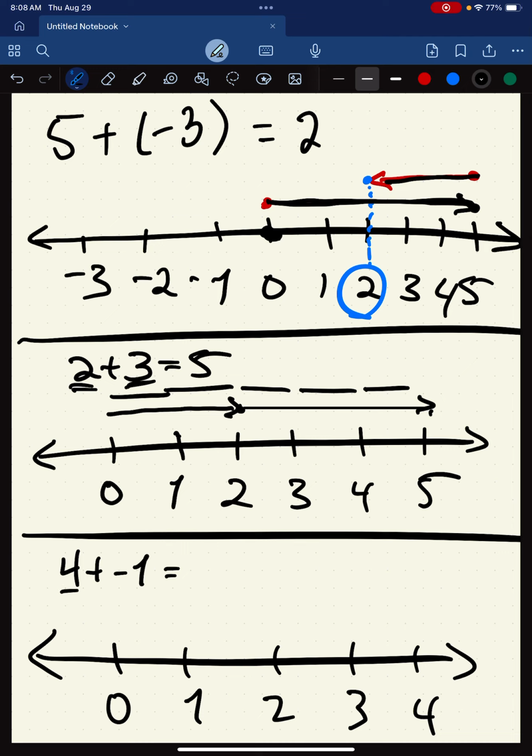So we have to go to the right 4. So 1, 2, 3, 4. And then from there we have to go to the left 1 is what that means, right? We have to go the opposite of going to the right 1. So we have to go to the left 1. We end up at 3.